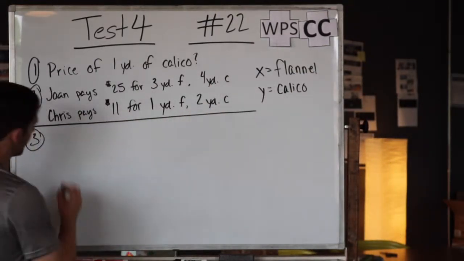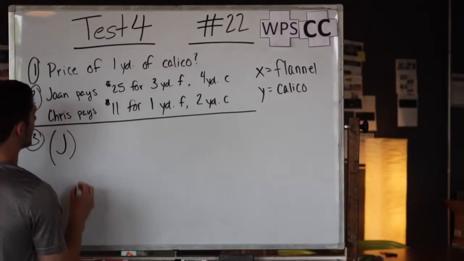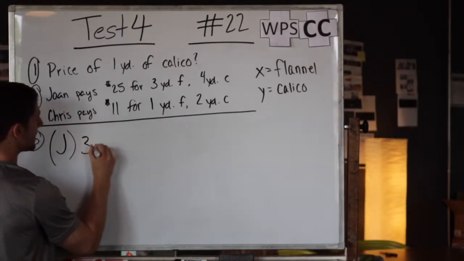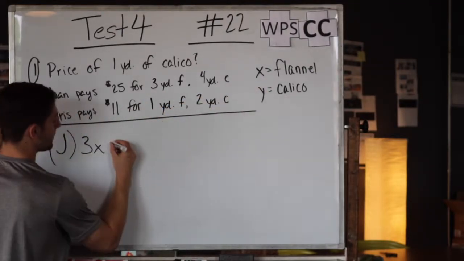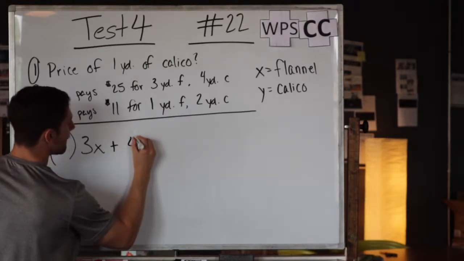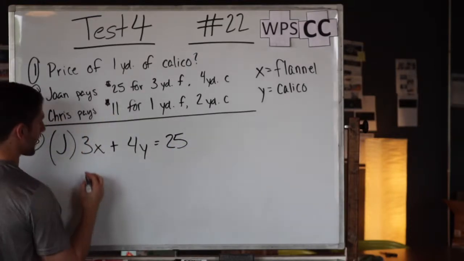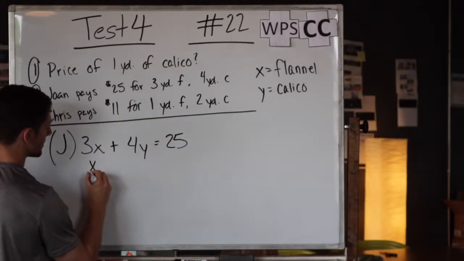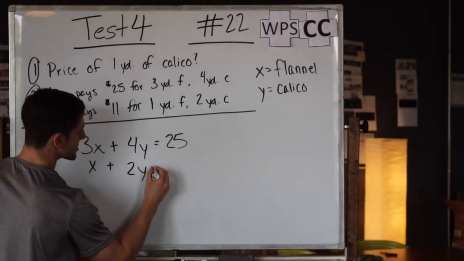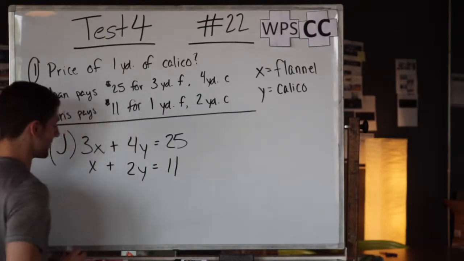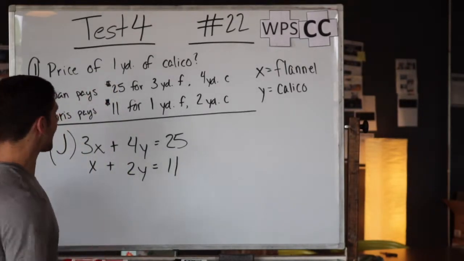Joan's equation is going to be 3X, because she pays for 3 yards of flannel, X is for flannel, plus 4Y for the calico equals 25. And for Chris, his is just going to be X, because 1 exists here, plus 2Y for 2 yards of calico equals 11. We need to find, like this says, the price of 1 yard of calico fabric.